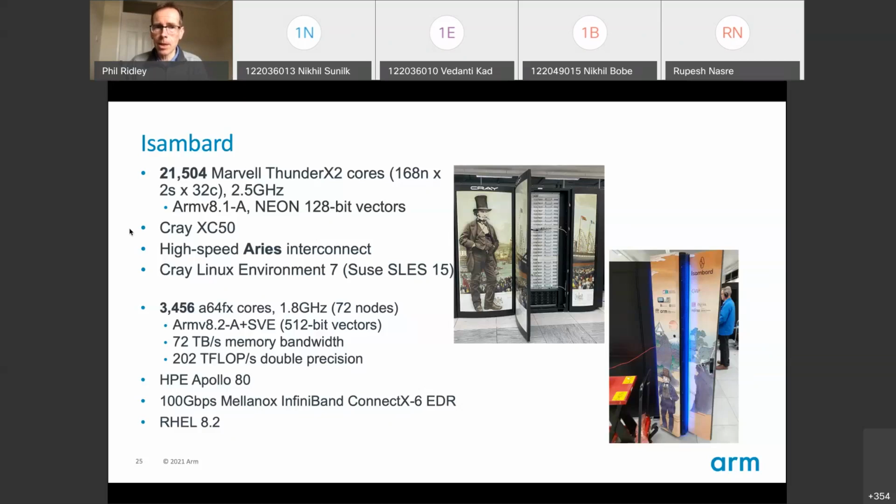So instead of it being a Cray XC line machine, it's an HPE Apollo 80. So you can actually buy HPE Apollo 80s with A64FX chips in them. And again, for that partition, it's running Red Hat as an OS. So you've got two OSs, Red Hat for the A64FX based and Cray Linux Environment for the Marvell ThunderX2 based, but two ARM-based processors running as HPE or Cray systems.